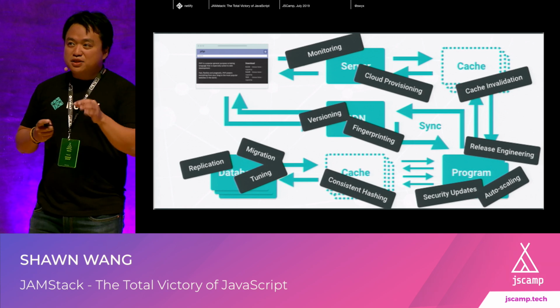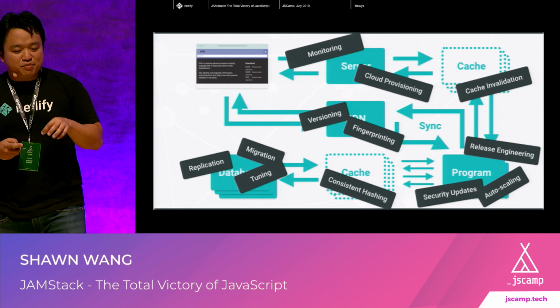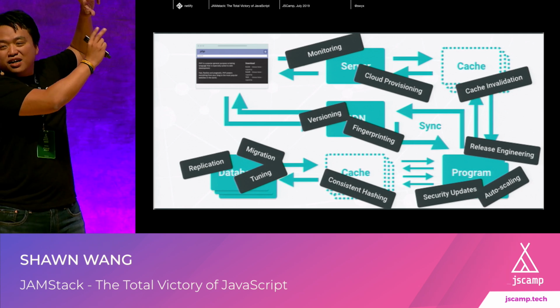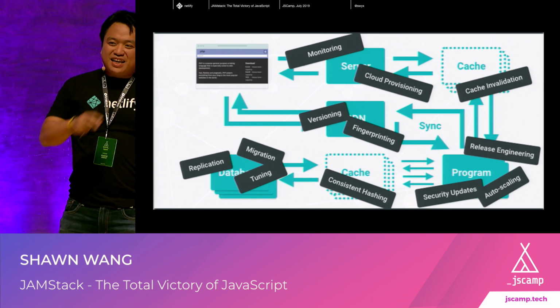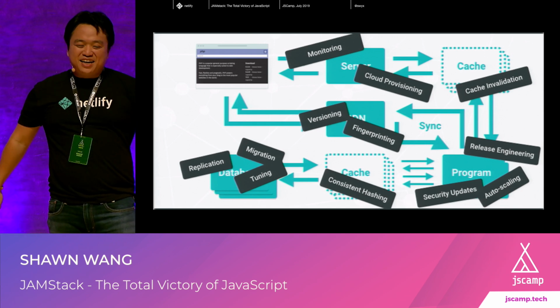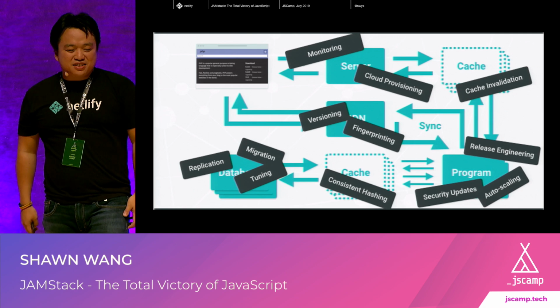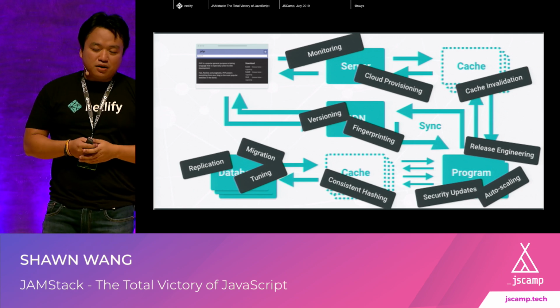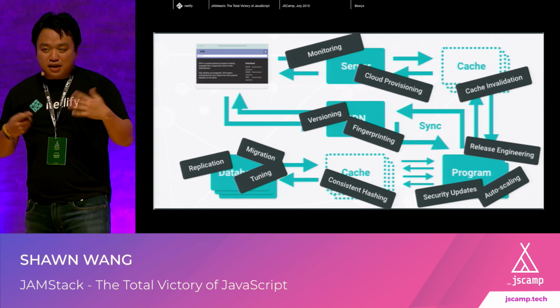And here's a pro tip: if you ever want to raise money from a VC, take all those bullet points and put them slightly askew on the chart, and that represents a pain point. And hopefully you can start to view all the problems that people deal with when deploying their sites in the existing paradigm.